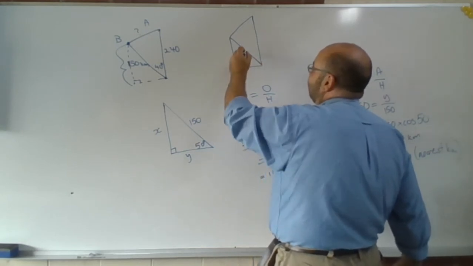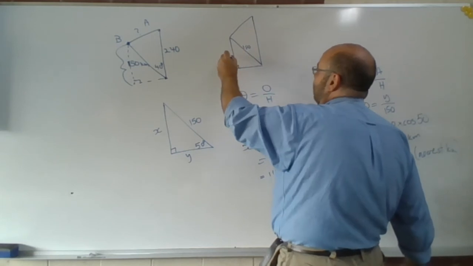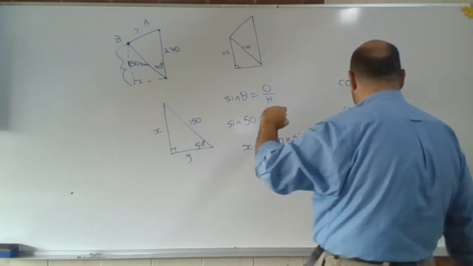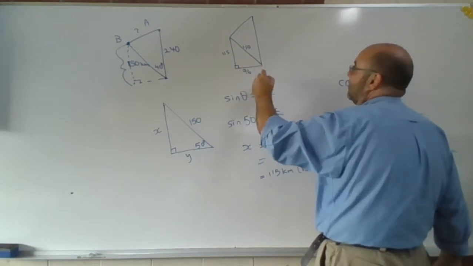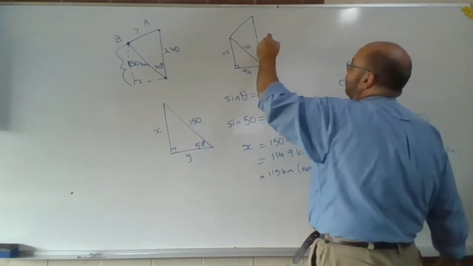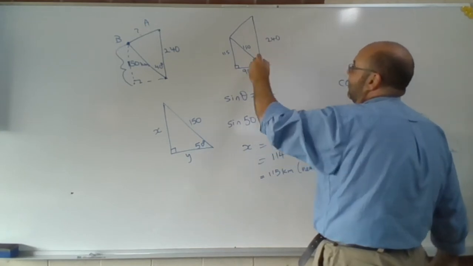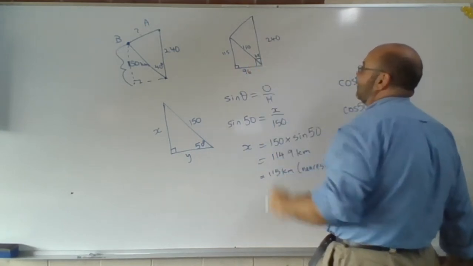We know that this distance here is 150. We know that this distance here is 115. We know that this distance here is 96. And we know that this long distance here is 240. We know that this angle here is 40 degrees.